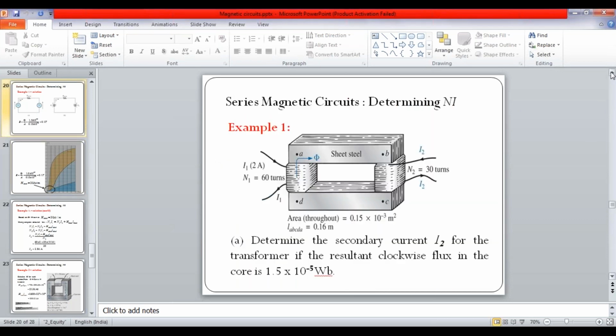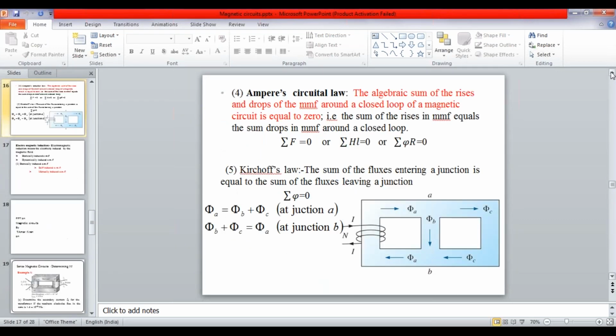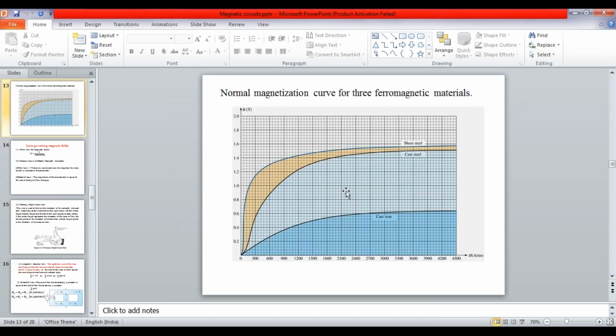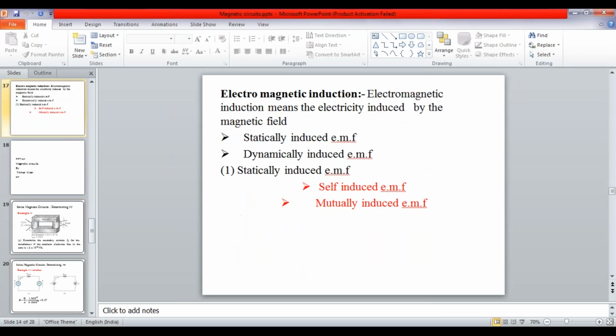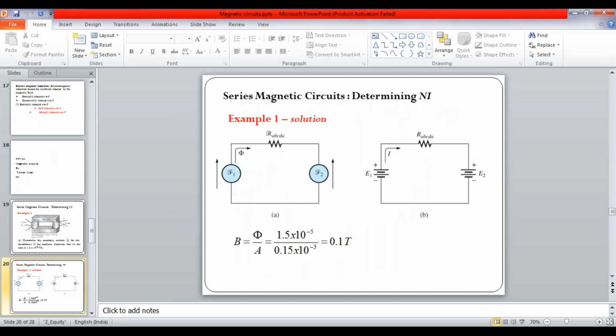Regarding core losses, this is the BH loop curve, normally provided by the manufacturer.